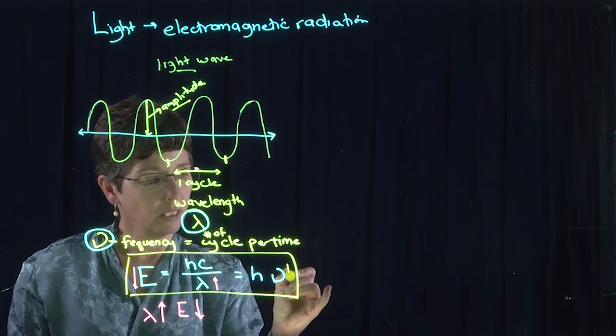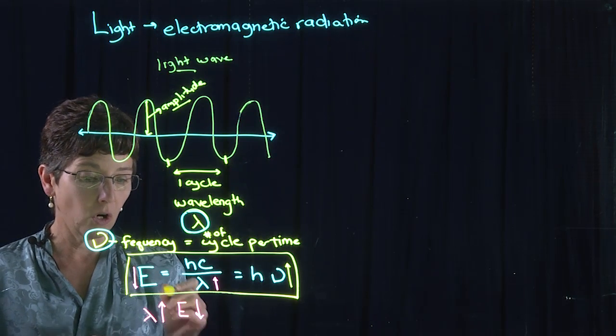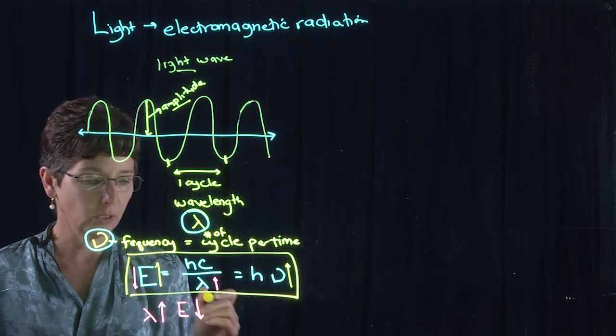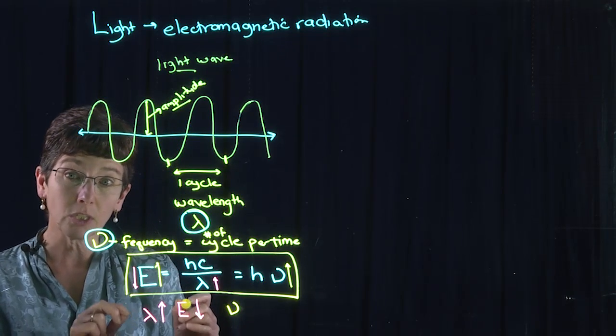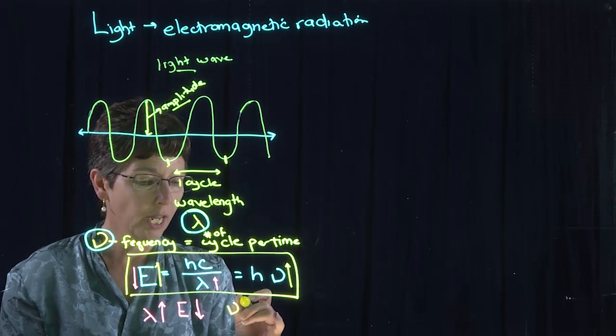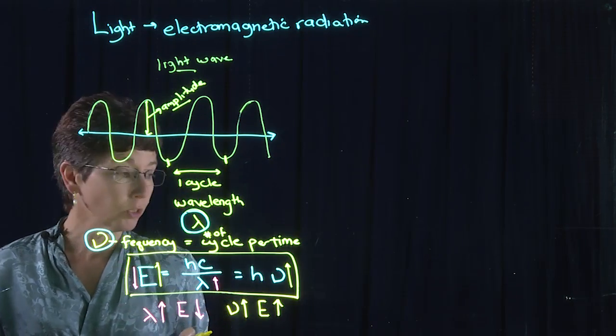And in a related fashion, when the frequency is large, the energy goes up. So we can say that wavelength and energy are inversely proportional, and frequency and energy are directly proportional.